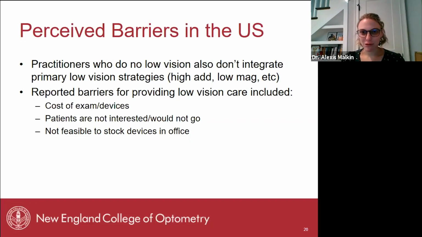There are great resources for low cost devices. And I think that shifting away from the mentality of assuming that your patient would not be interested is something we really need to work on. And we're hoping that through different continuing education talks, that we will start to see that shift in practitioners' thinking about what they might introduce for their patients or what referrals they might make.